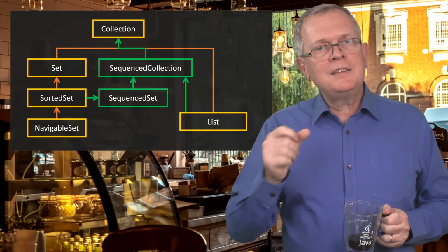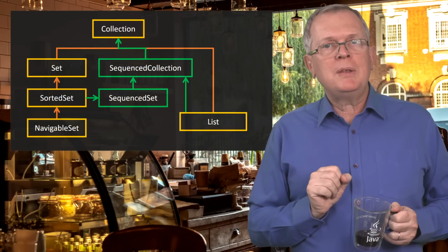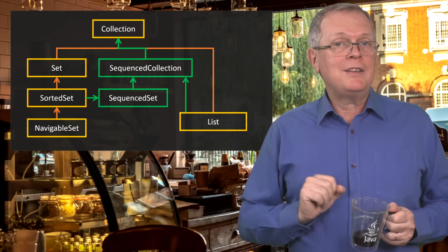In the case of a sorted set, this return type should also be a sorted set. To implement that, another interface has been added called SequencedSet. SequencedSet extends SequencedCollection and overrides this reversed method that now returns a SequencedSet in that case.